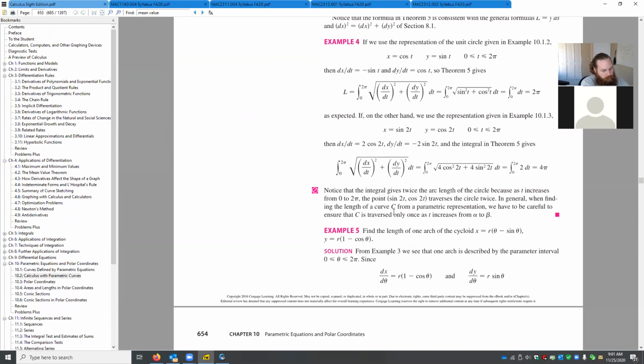And I'm going to use t as my variable rather than theta like they're using here. x of t is r times (t minus sine t), and y of t is r times (1 minus cos t).